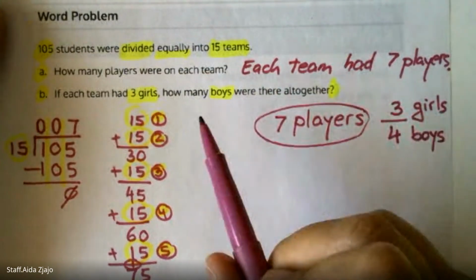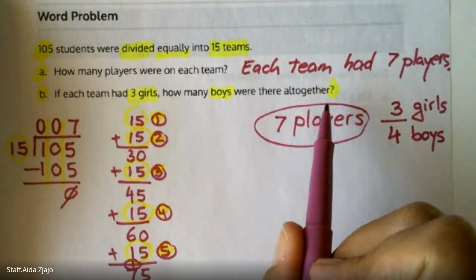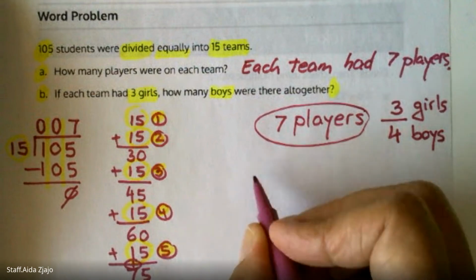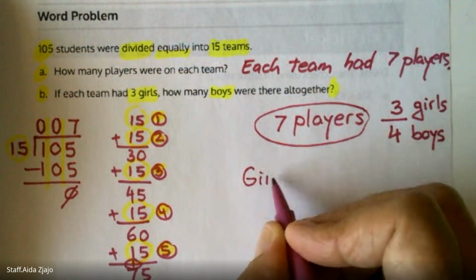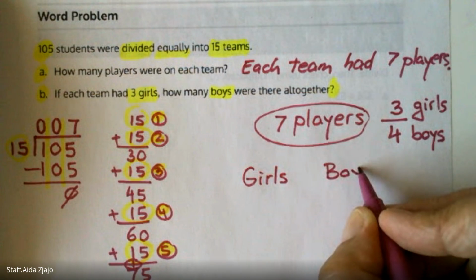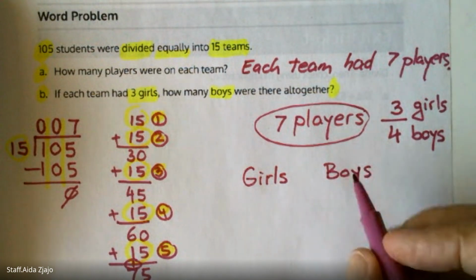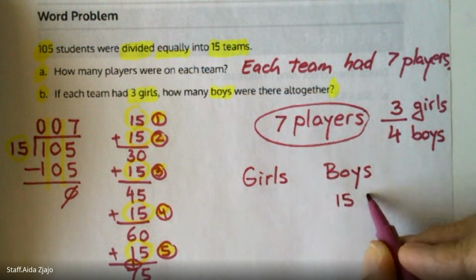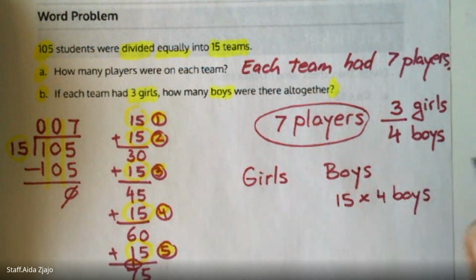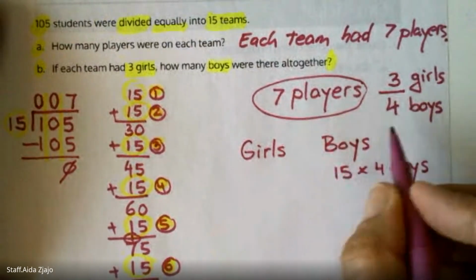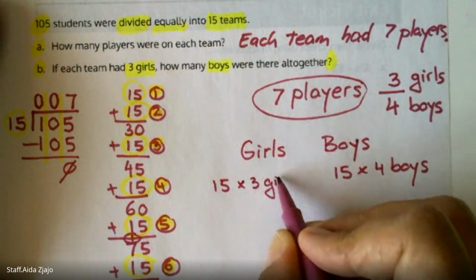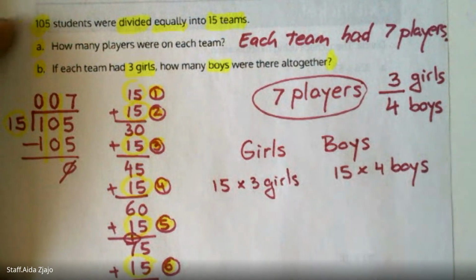So now they asked how many boys were there all together. So if you think about how many girls and how many boys there were, it's 15 teams times 4 boys, and you will find how many boys there were, and also 15 teams times 3 girls, and you could find how many girls there were.